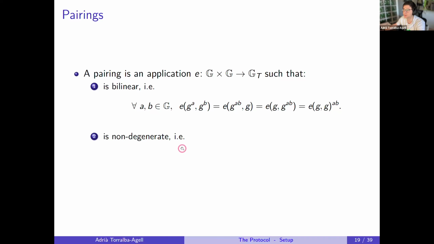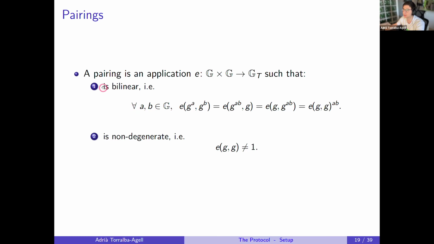Okay, this means that if we evaluate E at the generator of the group, this doesn't output the neutral element of the group. In this case, we will consider 1.